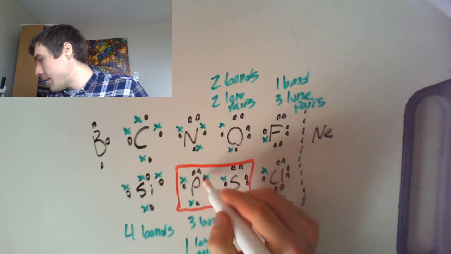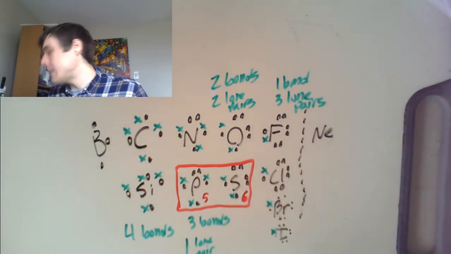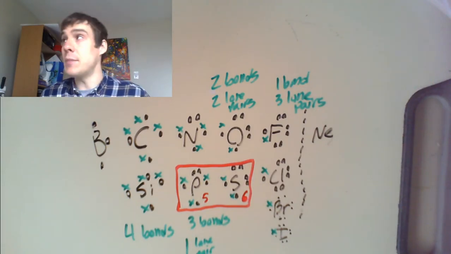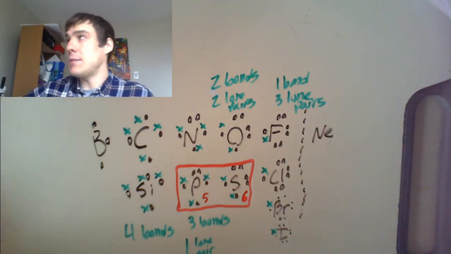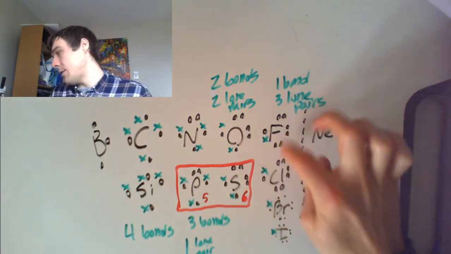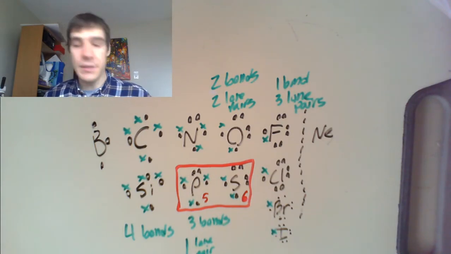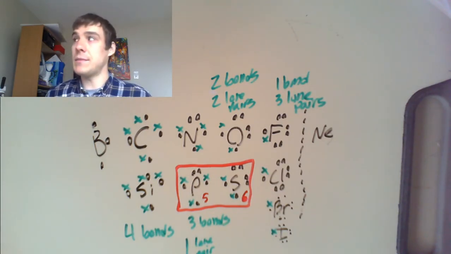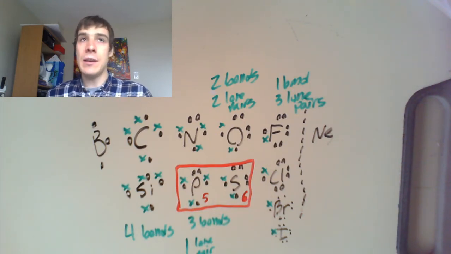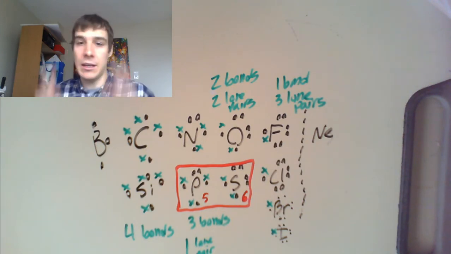There's a little asterisk here where this can actually make 5 bonds and this can actually make 6 bonds in some molecules. We especially see this when they're combined with oxygen or chlorine or fluorine, because oxygen, chlorine, and fluorine are very, very electronegative. So we can watch out for that sometimes. If that does happen, I'll let you know, because it's an exception to the octet rule. So I'll be sure to let you guys know when phosphorus or sulfur are making more bonds than they should be making.